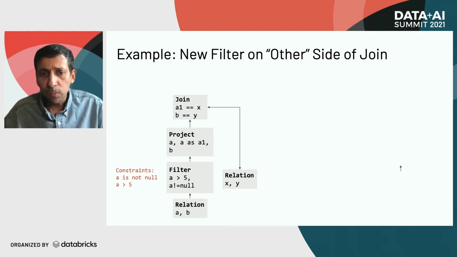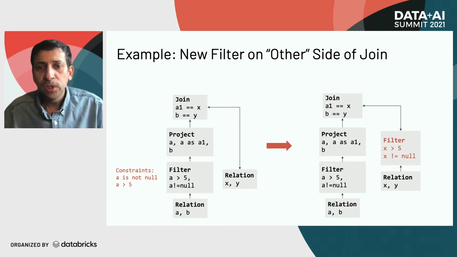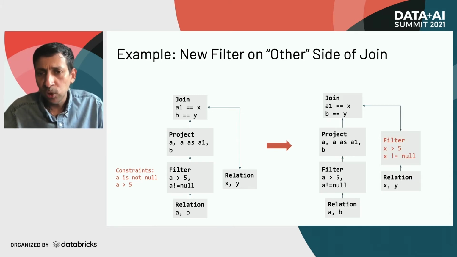As a result, the optimizer will be able to push down a condition X greater than 5 and X is not null on the other side of the join. So the new optimized plan would have this additional filter.